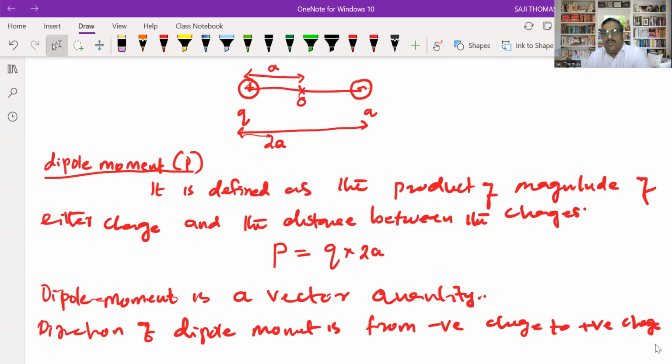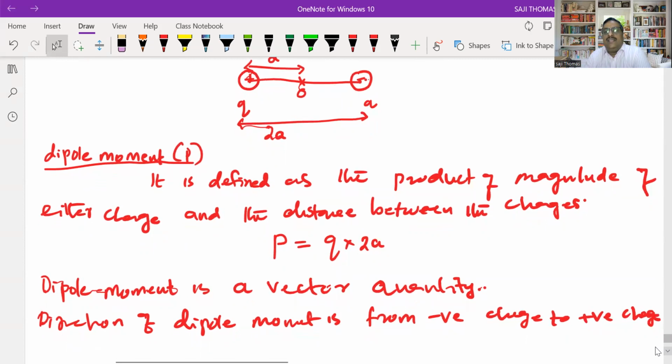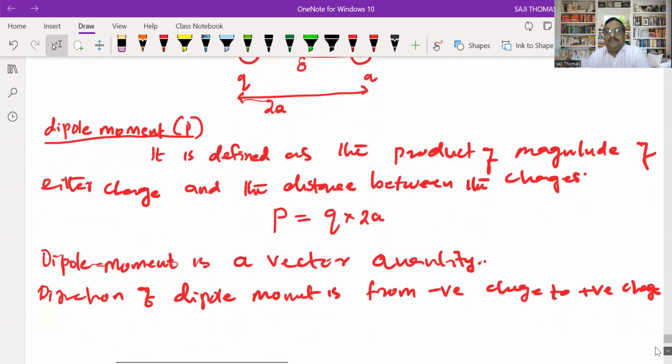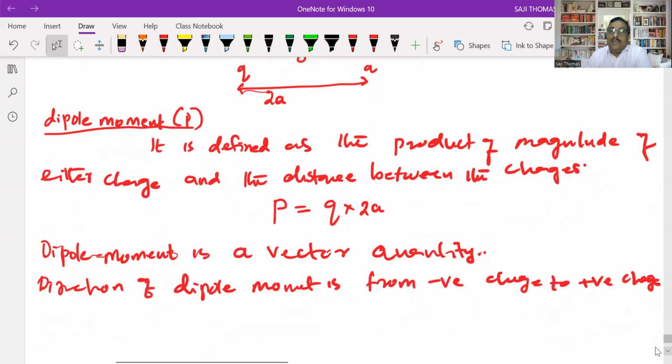It is the product of the magnitude of either charge and the distance between them. Dipole moment is a vector quantity. What is the direction of dipole moment? It is from negative charge to positive charge. What is the equation for dipole moment? Q into 2A.